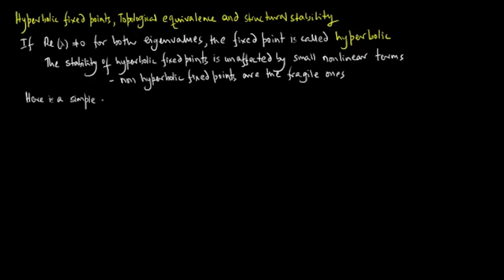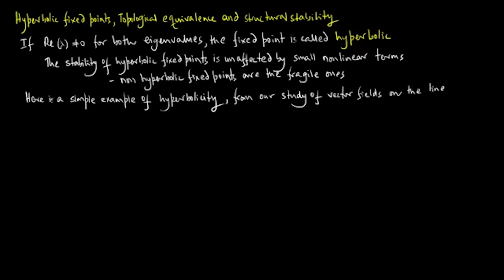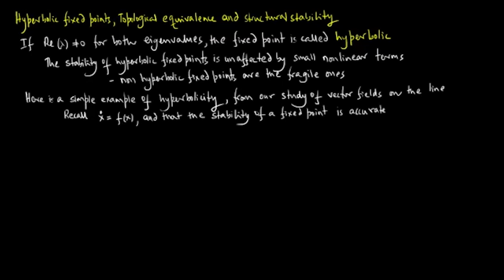So here is a simple example of hyperbolicity. From our study of vector fields on the line, recall x dot is equal to f of x, and that the stability of a fixed point is accurately predicted by the linearization as long as f prime of x star is not equal to 0.